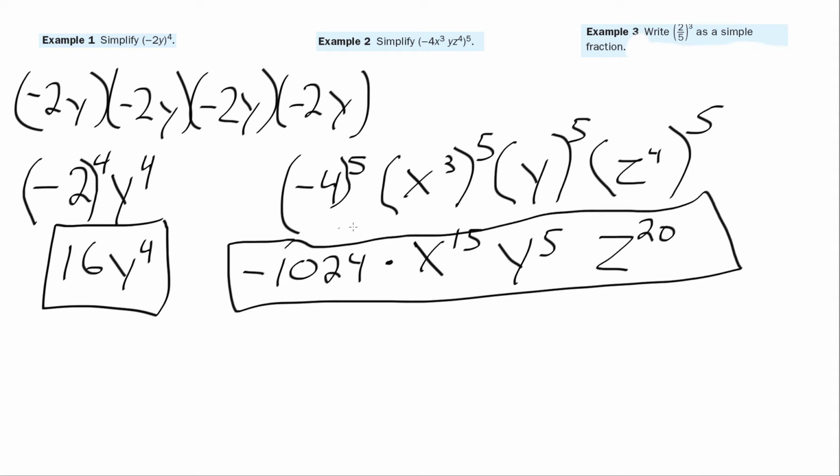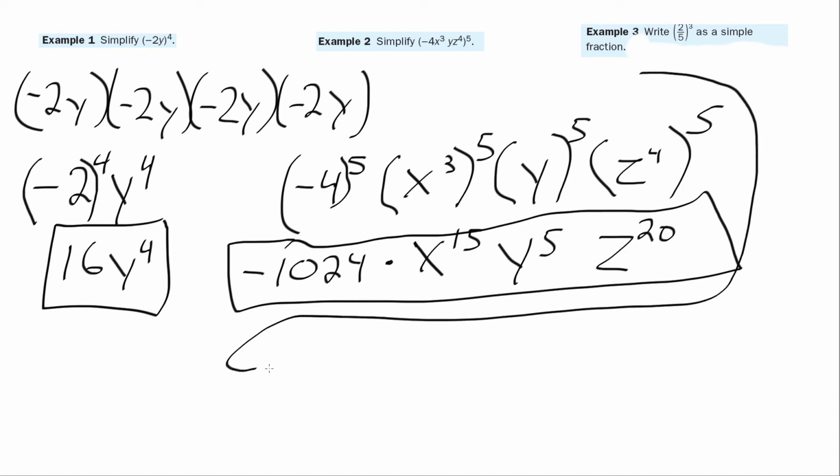And then for example 3, it asks us to write (2/5) to the 3rd power as a simple fraction. I'm going to go ahead and do that right here. So this is 2/5 raised to the 3rd power.